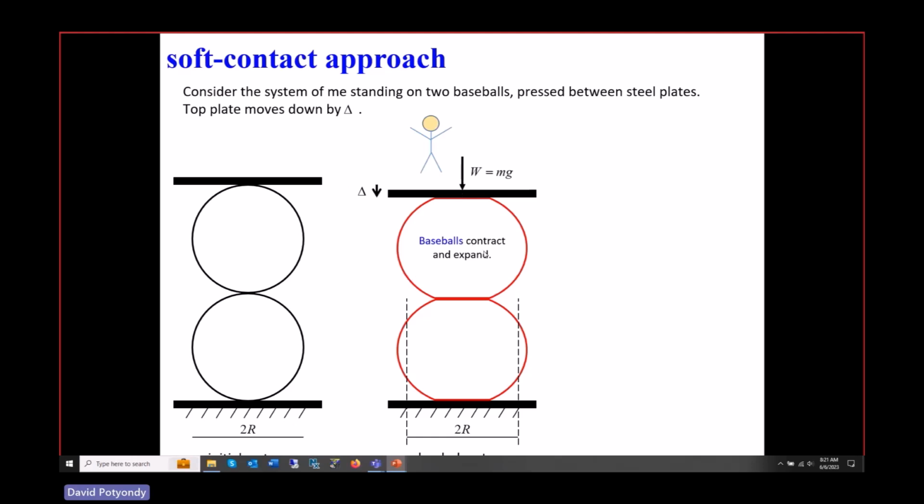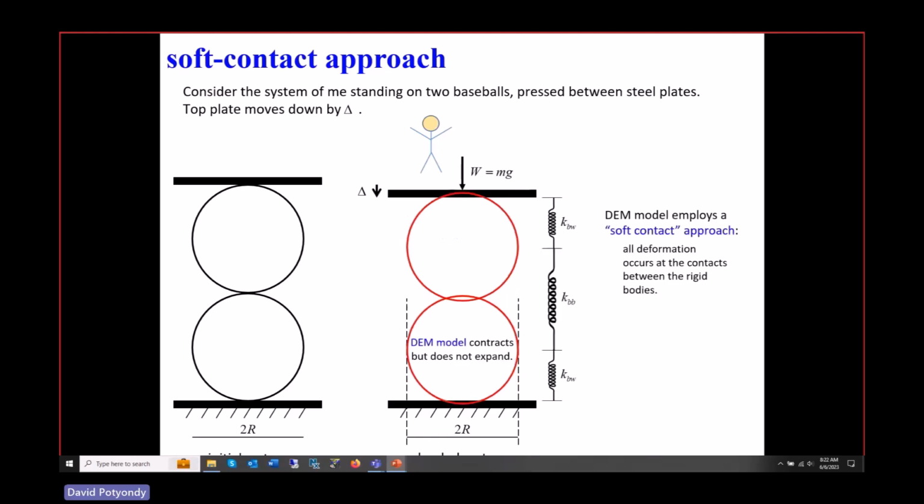If you have a linear elastic isotropic body and you squeeze it, it will change its shape, and if you have a non-zero Poisson ratio for that system, it will have an expansion, right? That's what would happen. We don't model it that way. We model it this way, where the shape doesn't change, but overlap occurs, and we put springs at each overlap point, right?